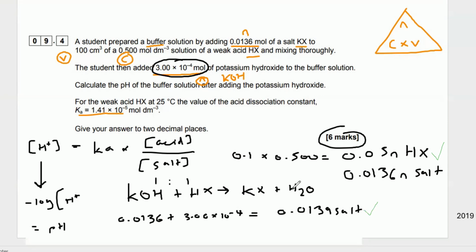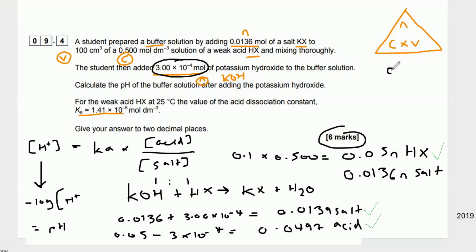Well, obviously our acid concentration has gone down, so I need to do 0.05, and I need to minus 3 times 10 to the minus 4, and that's going to give me 0.0497. And so all I need to do to work out the hydrogen ion concentration is smash these into the equation.